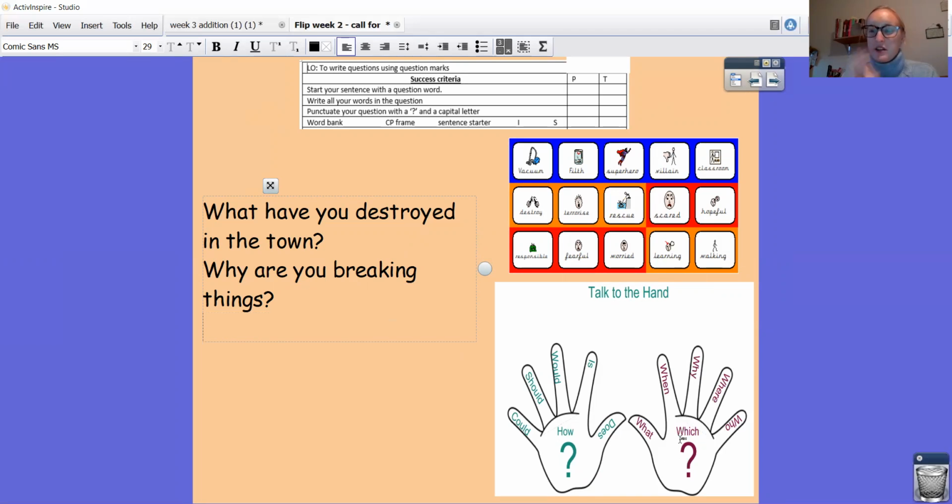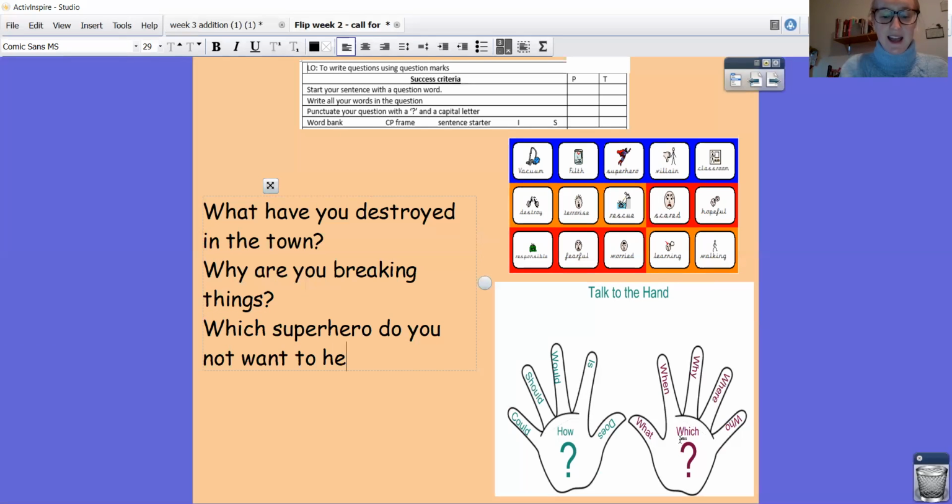If the question's which, there's usually a few answers for the character to choose from. I'm going to choose, which superhero do you not want to help us? Because maybe Filth and Vacuum have got a superhero that they know is the best and that they really don't want to come and help get rid of them.